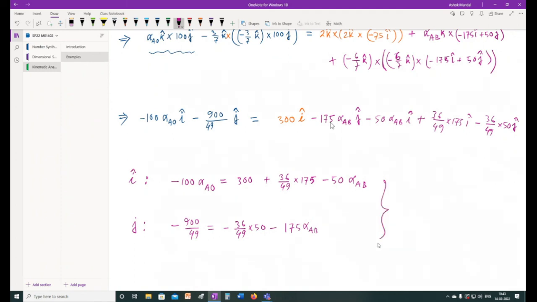Okay. Can you solve this too and get the values of alpha AB and alpha OA?